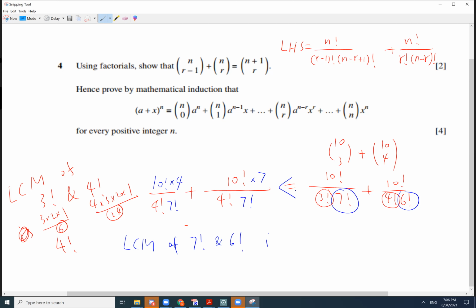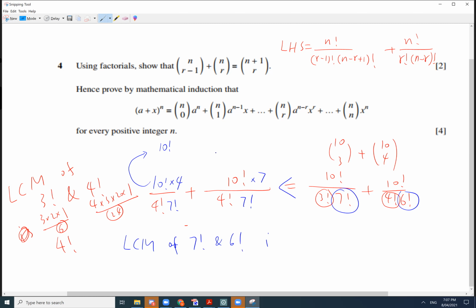This is the hard part, how you do calculation with factorials. We use the larger number for the multiple. So we have here 10 factorial times 4 plus 10 factorial times 7.